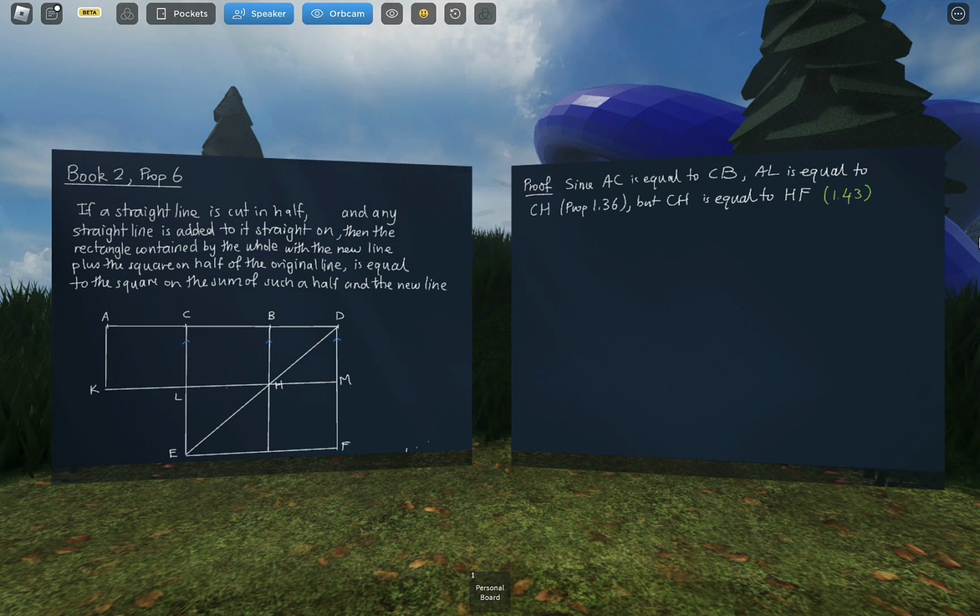So here's a parallelogram, here's a diagonal, and then we have these two parallelograms on opposite sides, and they're equal by that proposition. So CH is equal to HF, so AL equals HF.